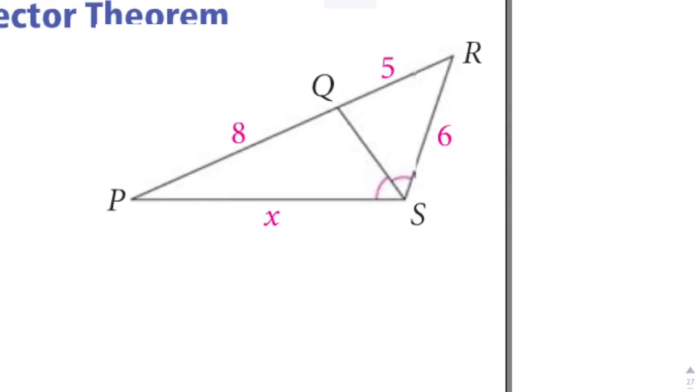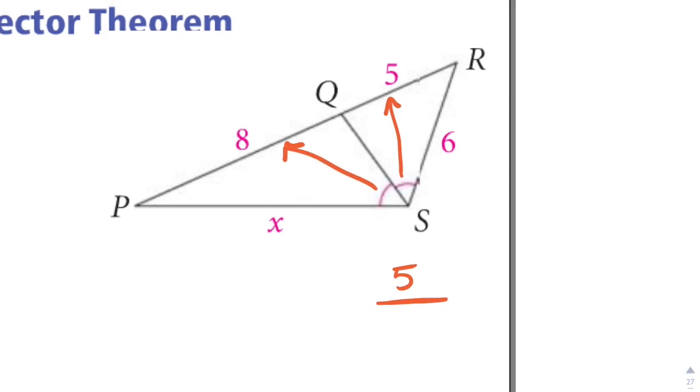So here's how we set up a proportion and solve for x. We are going to say 5 is to 8 as 6 is to x. I always go across from my angles, and I always start with the smaller triangle, or what appears to be the smaller. So you go smaller, larger, smaller, larger.